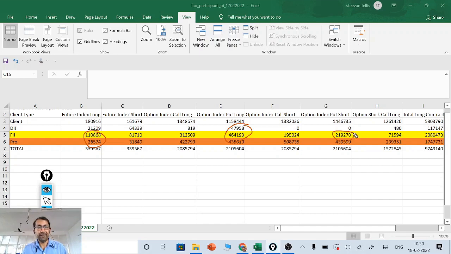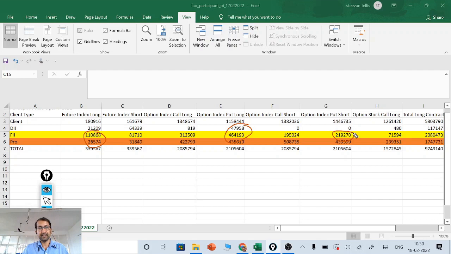So what you can find from this is that FIIs are buying puts. The majority of their position is in put buying, which means that the chance of the market falling is higher.